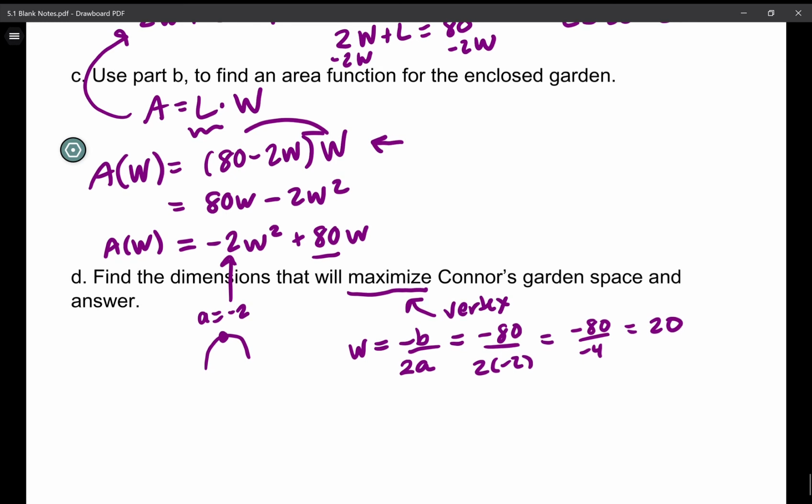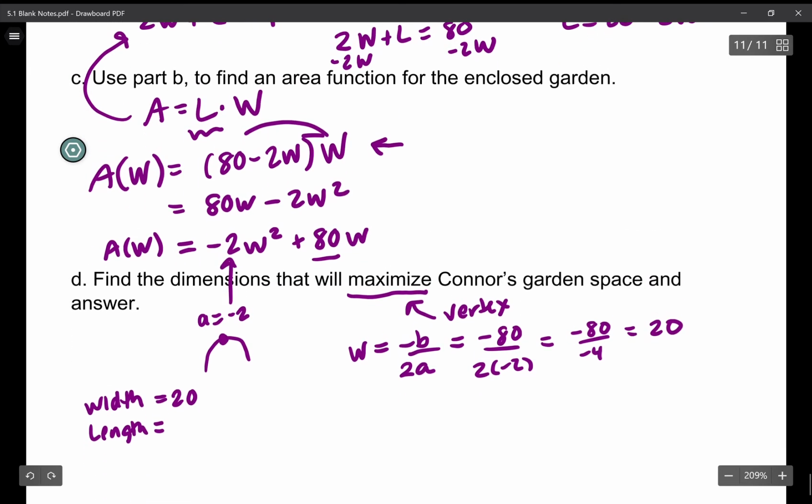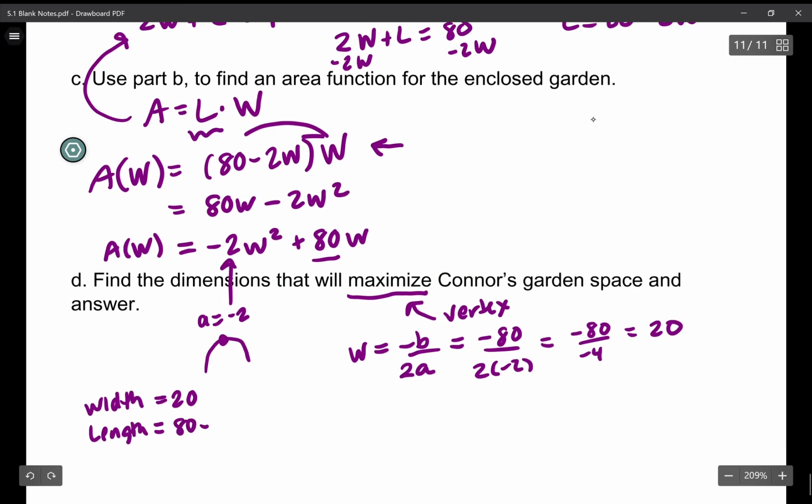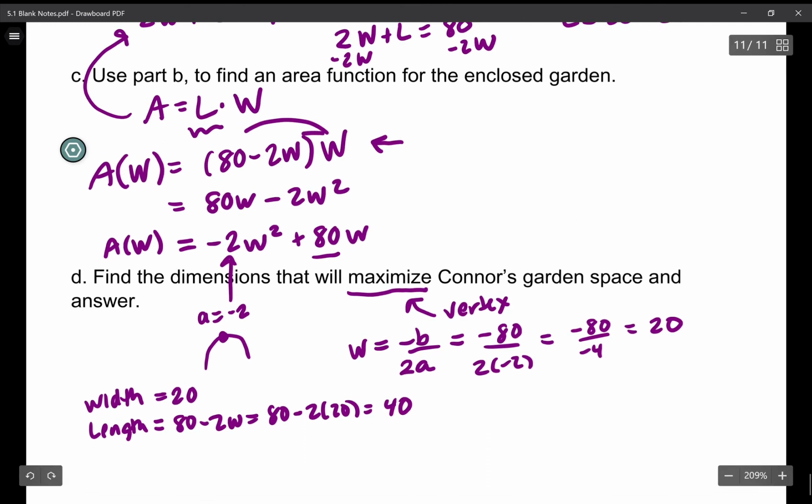Okay, so the width is 20. That means the length is equal to, well, let's go back, it was 80 minus twice the width, which is 80 minus 2 times 20, which is 40.